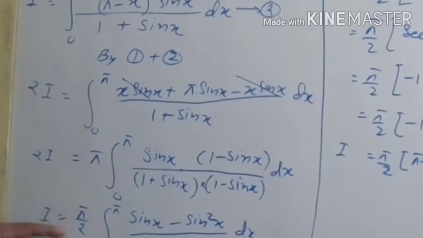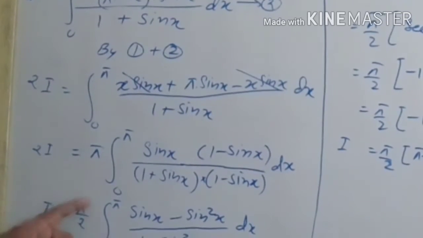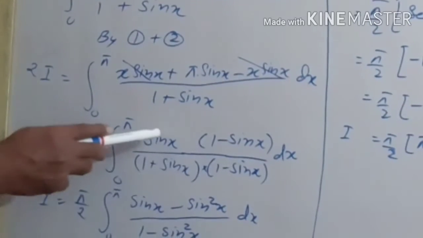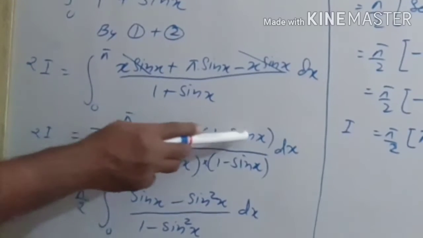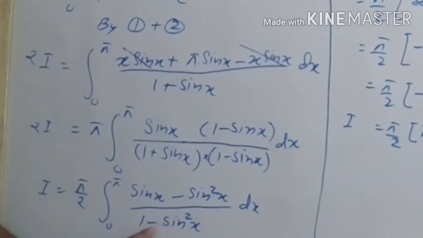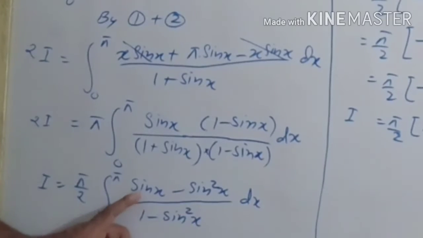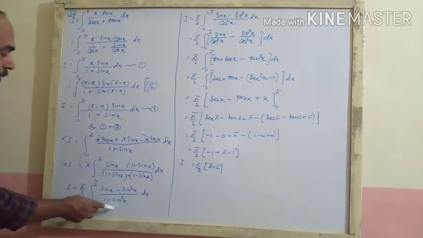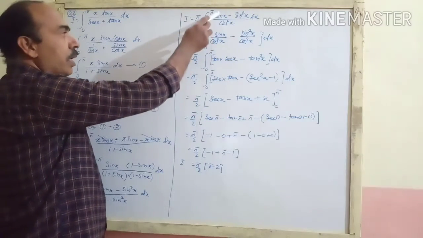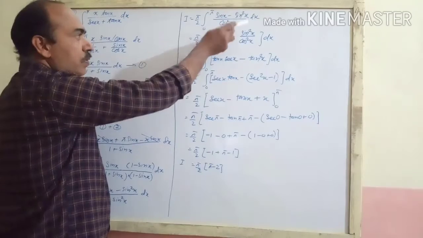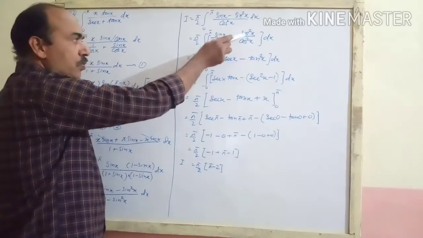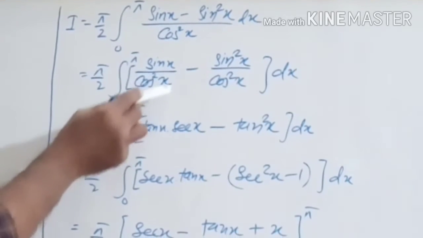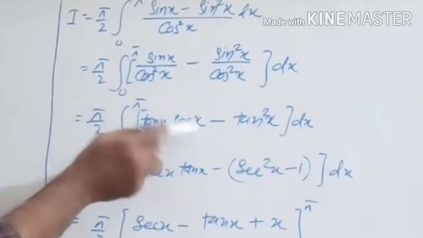So integral I is pi by 2, integral 0 to pi, and in the denominator it is 1 minus sin square x, and open this bracket, so sin x into 1 is sin x, and sin into sin is sin square x. 1 minus sin square is cos square, and in the next step sin x and sin square both are divided by cos square. So sin square upon cos square is tan square, and sin upon cos squared is tan x times sec x.